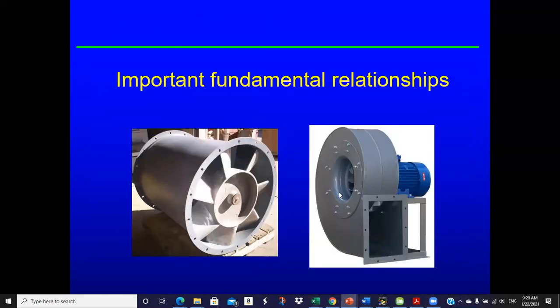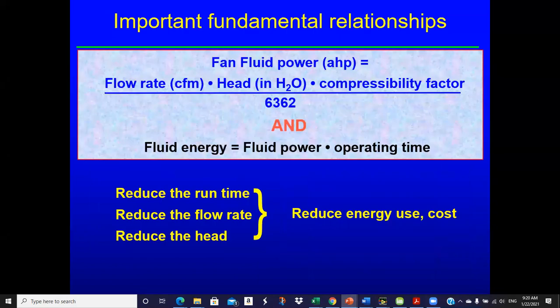Okay, so I've got one equation. You know how engineering profs love equations. So this one's not too bad. I'm not going to pound you with a bunch of fluid mechanics equations here. But the fan fluid power, or the amount of energy in a flowing airstream, you can calculate as flow rate, CFM, times pressure, inches of water.